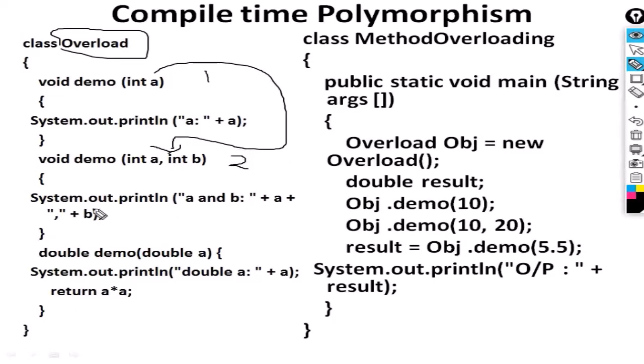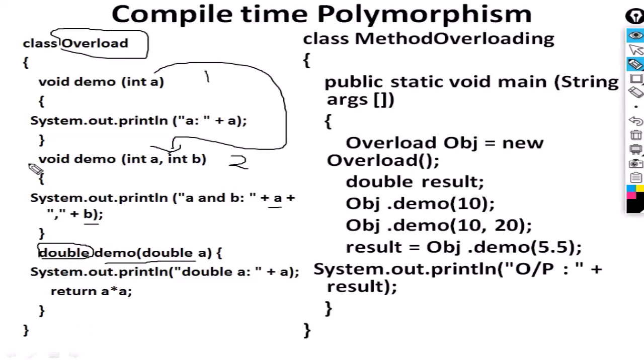Now System.out.println(a, b) is going to print the values of a and b. Here we have given another method called demo, and before the demo we have a keyword called double.